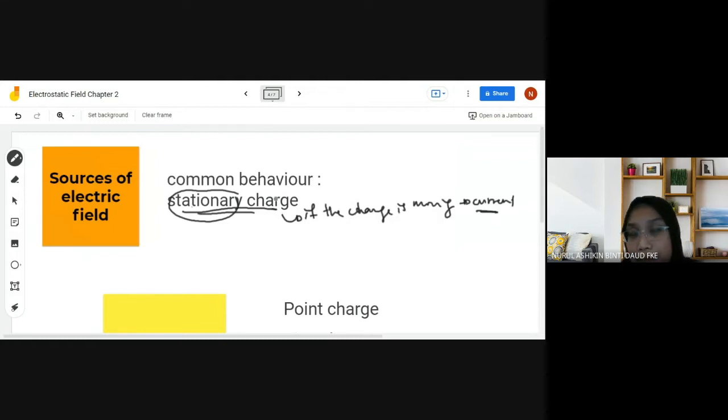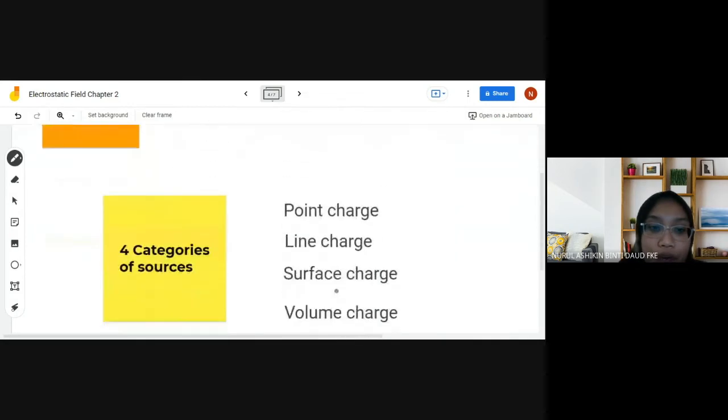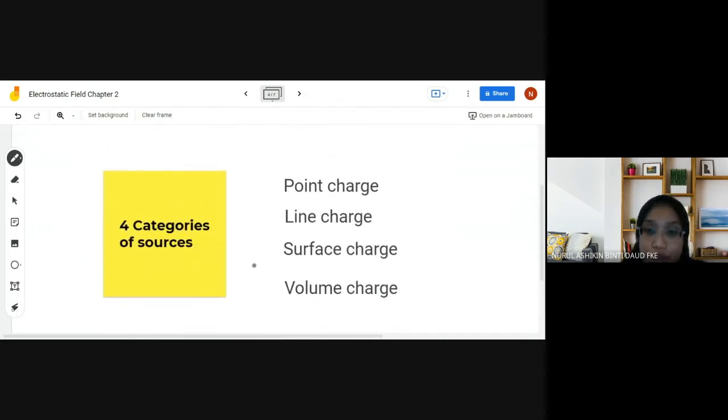So let's look at the 4 categories of sources: we have point charge, line charge, surface charge, and volume charge. Let's go through each of the categories in detail.